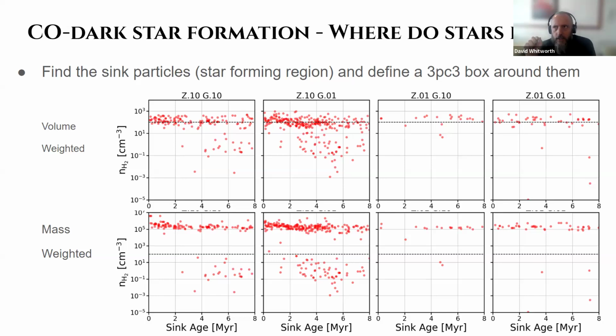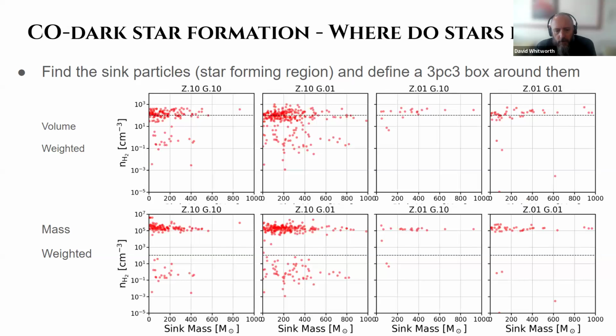The mass weighting shows that most of the mass exists in very, very small dense regions. And the volume weighting shows a more average cloud-like view. But we can see here that the sinks are existing in quite high density regions, even up to maybe 8 mega years. We get 8 mega year old sinks in dense gas.